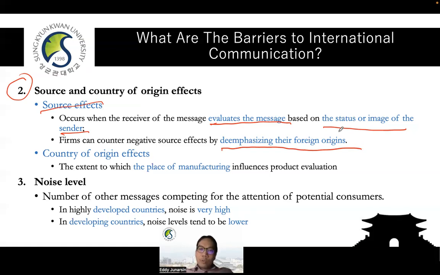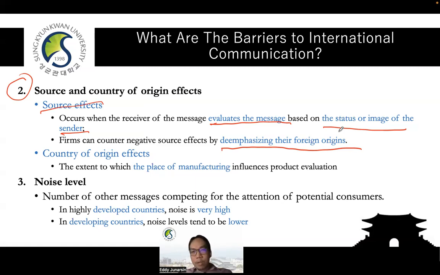So we might want to use some communication strategy to show that the product is made in the host country. We have employed almost 80% or 90% of our workers from domestic employees and so on. So depending on the case, of course, in some countries this doesn't resonate at all. It doesn't really matter.